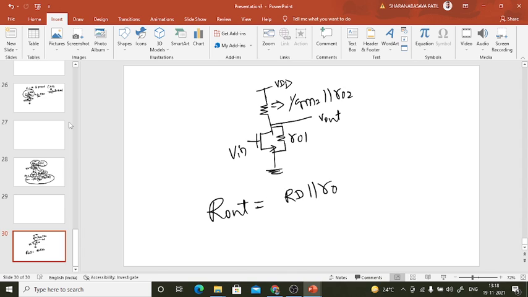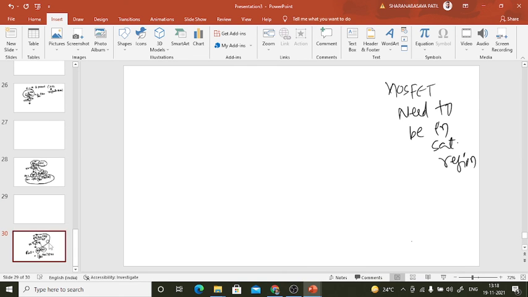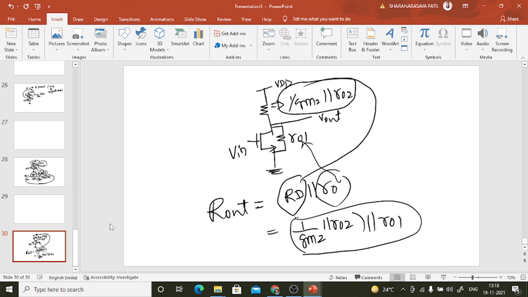Those are very important to solve problems. We can solve any problem within a few seconds if you know those 4 formulas. Try to remember those. So here, this RD is this whole thing. R0 is this. So replace RD by that value: 1 divided by Gm2 parallel R0 2 and parallel R0 1. This value is the output resistance.